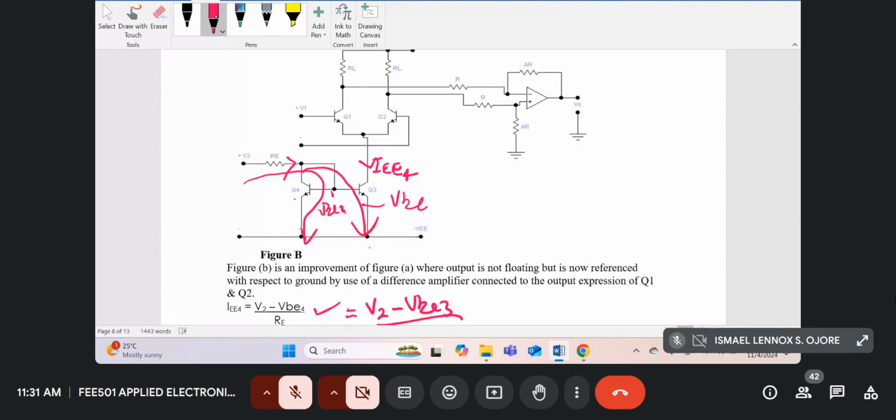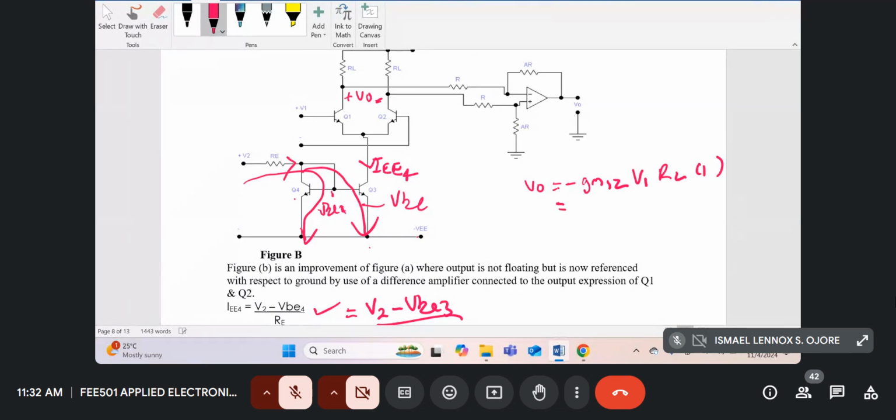So here I'm just getting this voltage here, V naught. For the general difference amplifier, V naught is minus GM12, where 1, 2 means Q1, Q2, into V1 into RL.